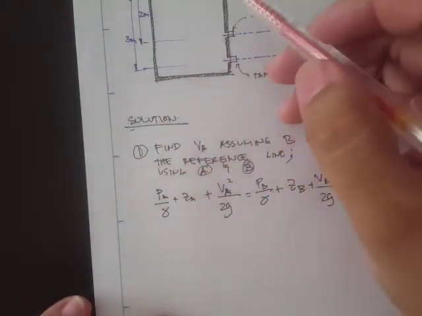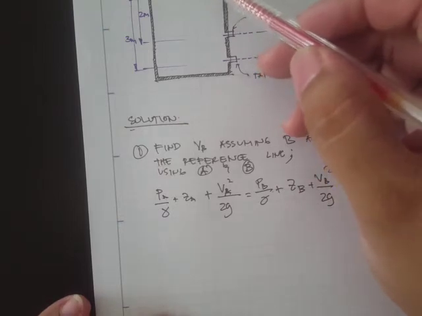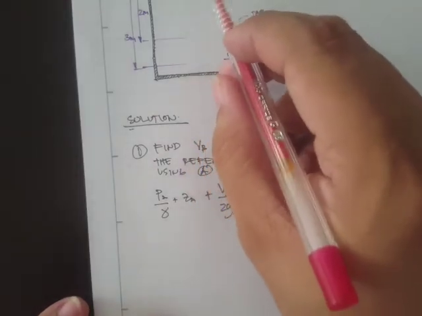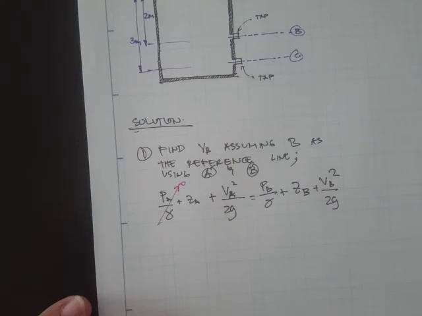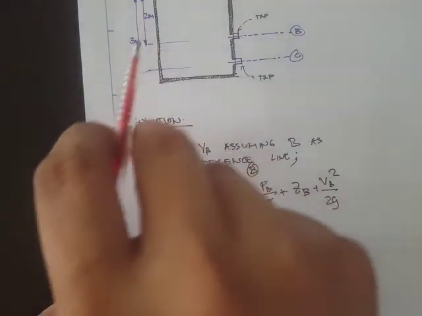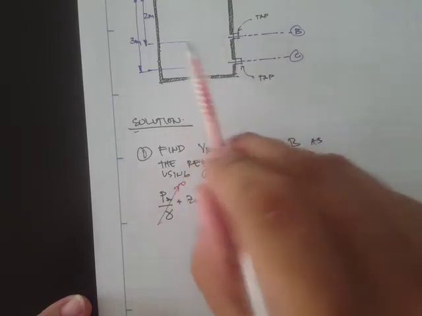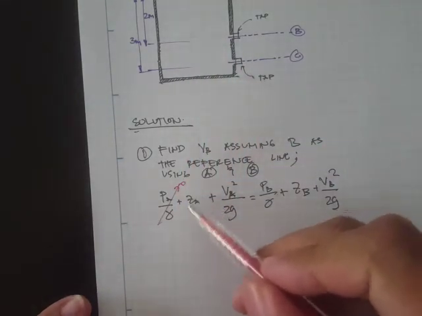Point A is exposed to the atmosphere, and therefore the pressure at point A is 0. The elevation, we'll just leave this term.